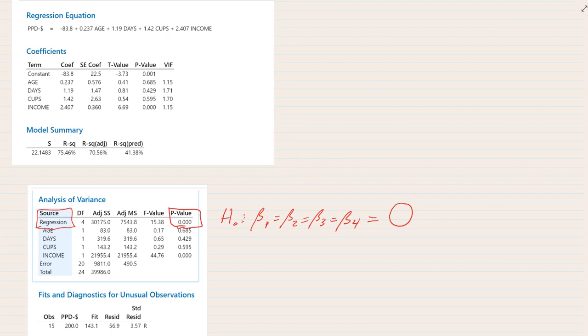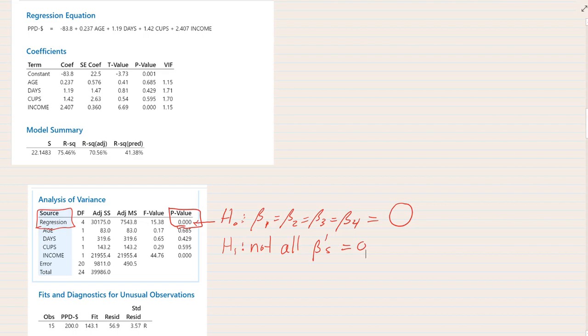And clearly this is significant, right? P-value of 0. What does the alternative say? The alternative says that not all betas are 0. At least one of them is not 0.